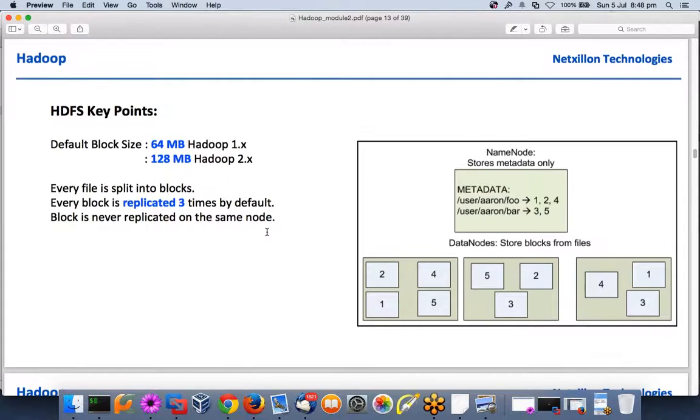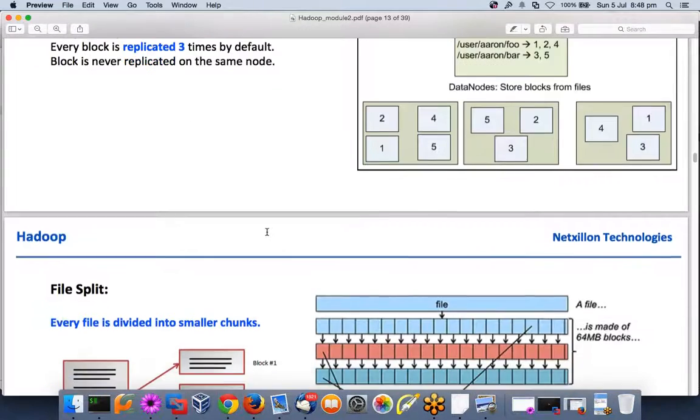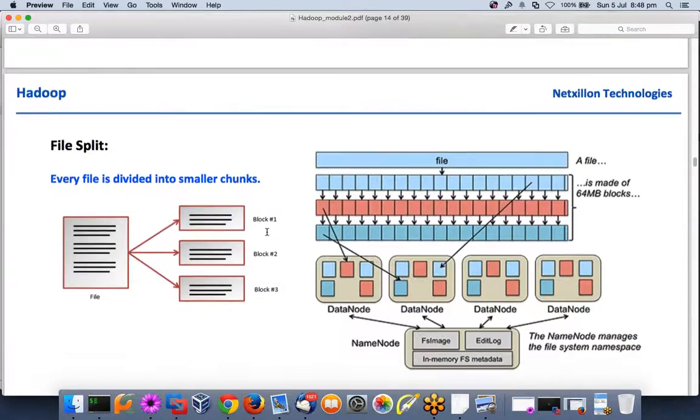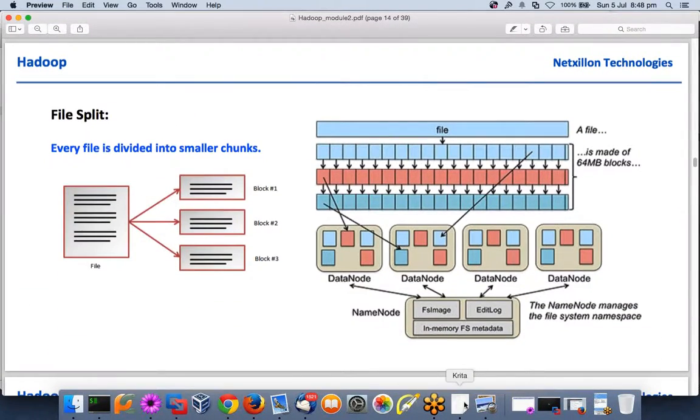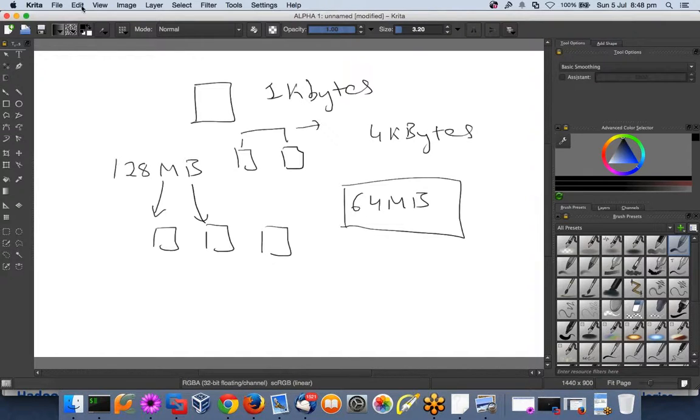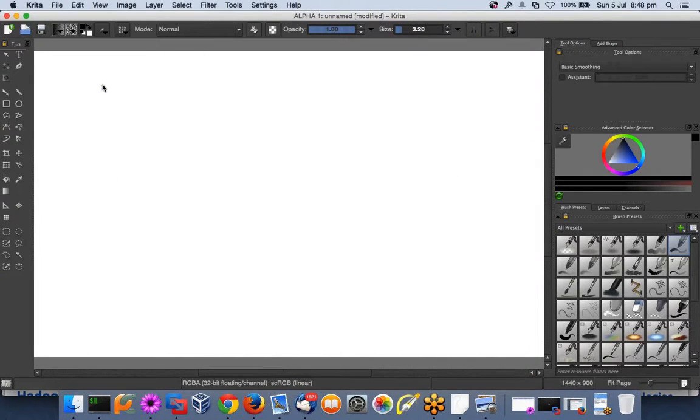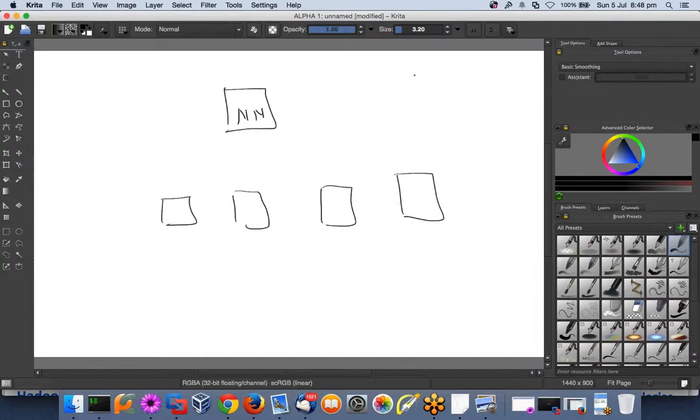So replication is of what? It is very important to understand. Replication is of data, not metadata. Some people get confused and say that the metadata of the name node is also replicated. No. I have a name node, which is the master, holding metadata. I have data nodes, let's say 4 data nodes.